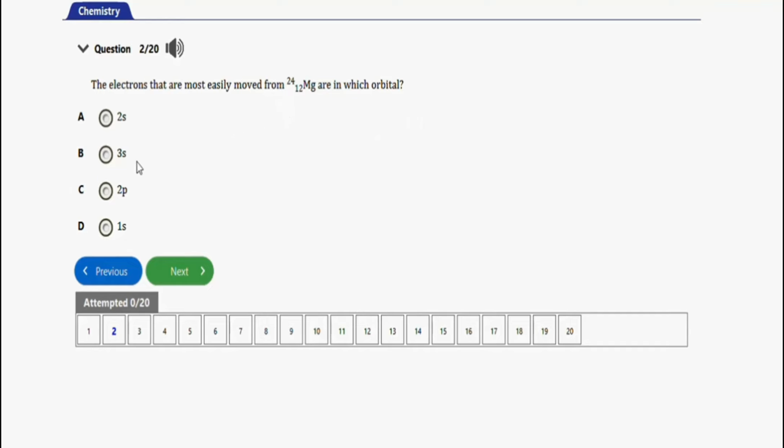So it will be in the 3s orbital. Alright, option B is the right option. In this 3s, the number of electrons is 2. So those 2 electrons in the 3s are the electrons that are easily removed. Okay, so it's in the 3s orbital.